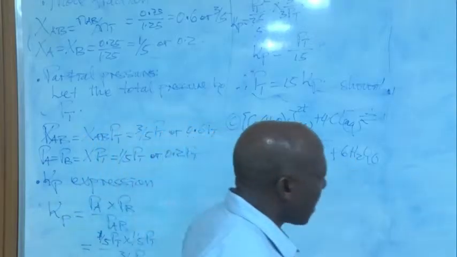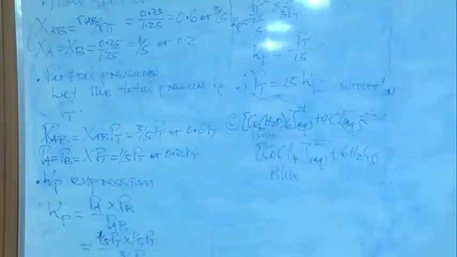Now this is an equilibrium system. Normally an equilibrium system is attained at a constant temperature.